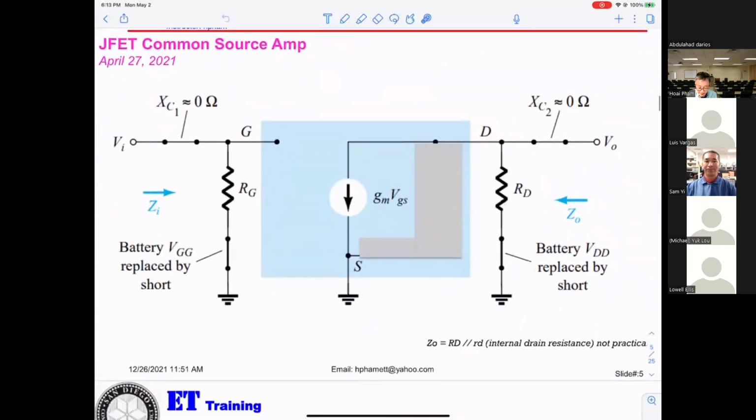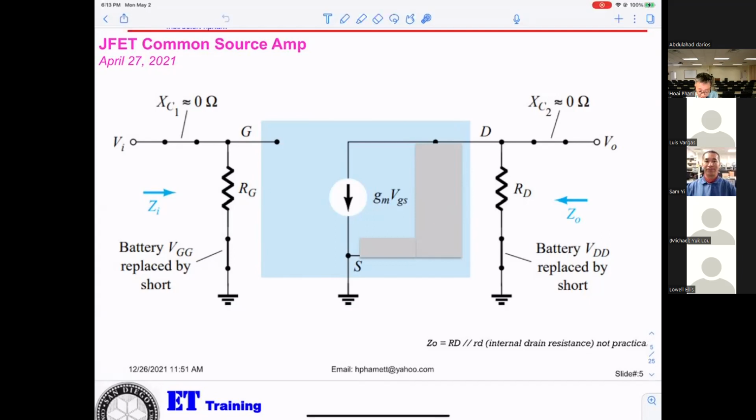Now, let's see what else. You see that? They drew a little more. This is the JFET internal model. Okay, we don't care about small r d anymore.